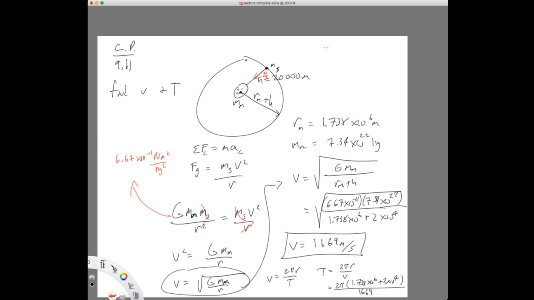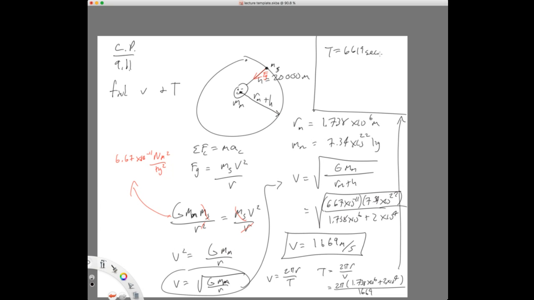So I'll move up here. The T I got was 6,619 seconds. Now, T is going to come out in seconds because we're using metric base units for everything, and the second is the metric base unit.